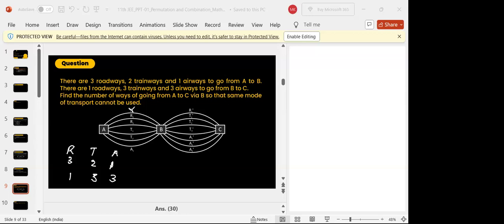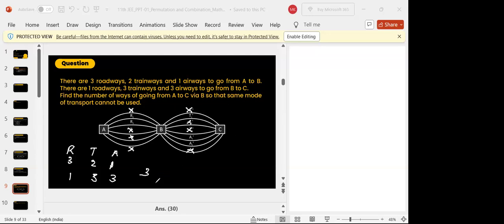Same mode means railway is cancelled. Then by train 1, 2. Here also. Then air, 1 air is cancelled. So the routes are 1, 2, 3.